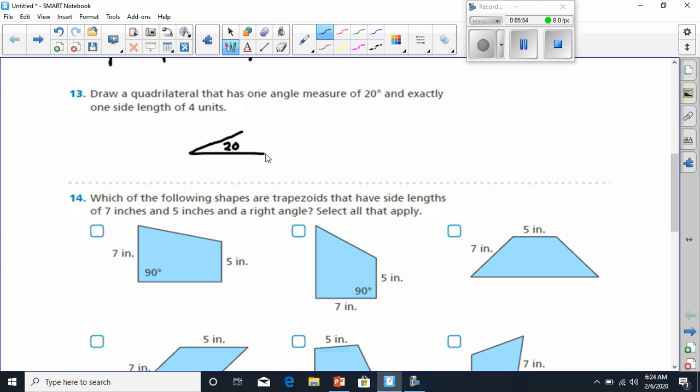I might say that this is 4, right? And then this would come over here. This might be 5 over here. And these could be other measurements. But there would be my 20-degree angle and my side length of 4 units that would qualify this to be the quadrilateral that is described in number 13.